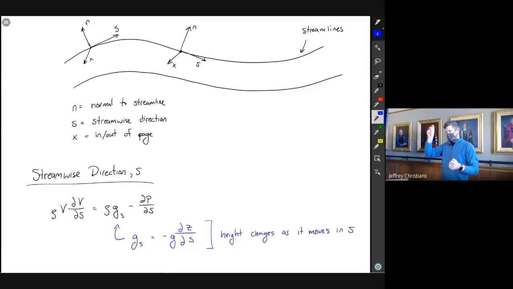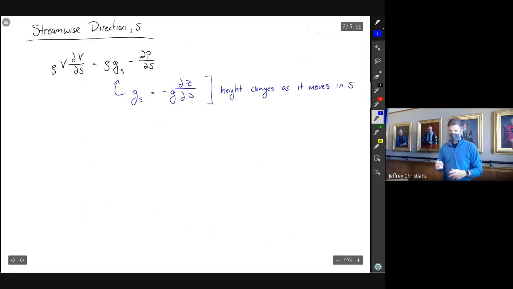So that's what this is capturing. Practically though, for a lot of flows, we don't really have to care. So we'll neglect it because it's typically not a particularly huge part of what our problem is.